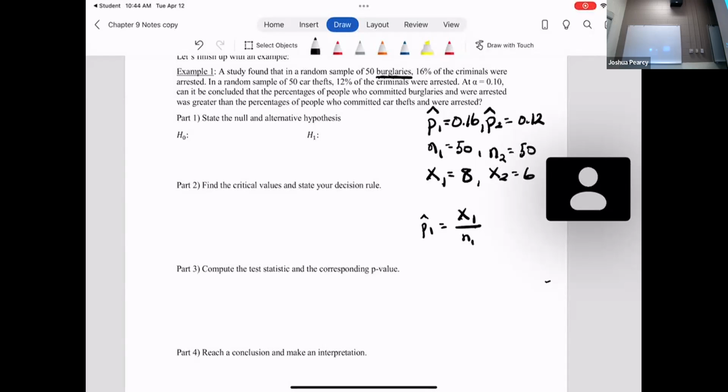That'll come up later. The first part: state the null and the alternative. What's the null? The two proportions are what? Equal. So you can say P1 minus P2 equals 0, or you can just say P1 equals P2, either way. What is the alternative?